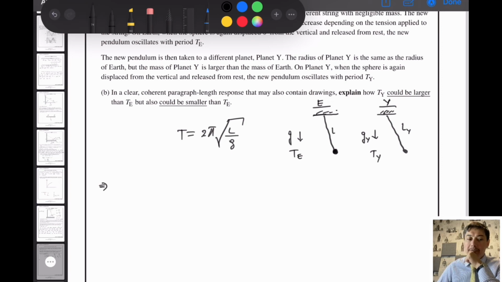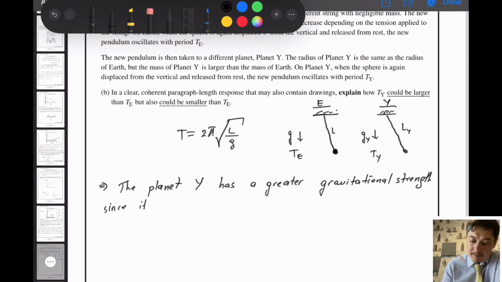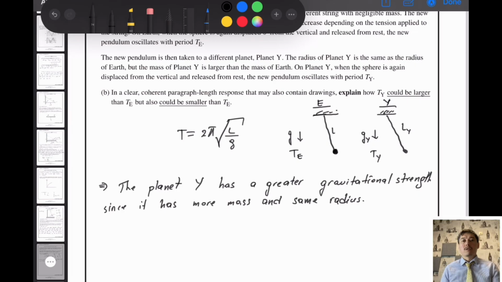Let's start with the gravity. The planet Y has a greater gravitational strength. Why? Since it has more mass and the same radius. So more concentrated mass produces more force, more gravitational strength.